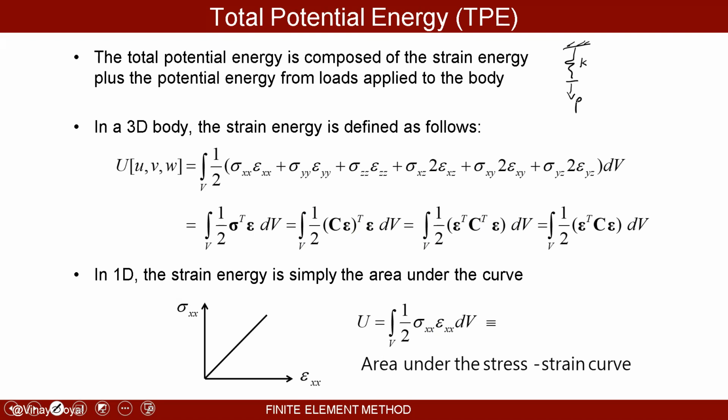And that stored energy can be written as U equals 1/2 K delta squared. We covered that. And then we have a potential energy of negative the load P applied times the deflection at that end. So the total potential energy for a single spring is pi equals U plus V. We covered that in the previous lectures.